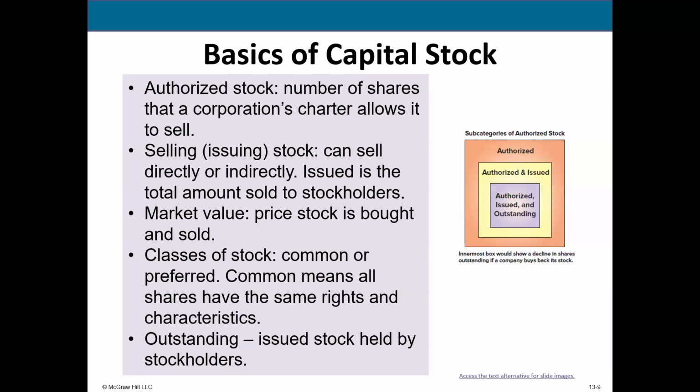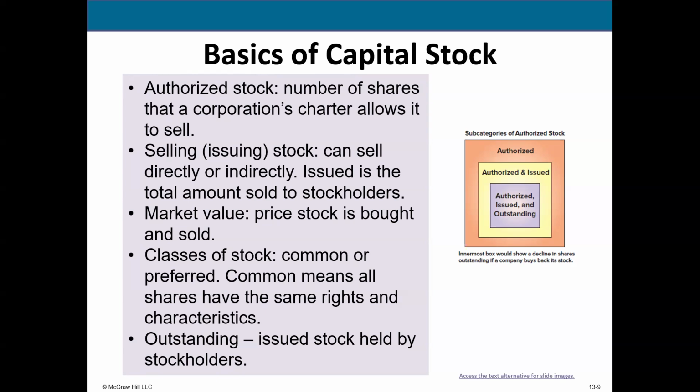The company issues shares of stock. We call this stock issuance. When a company is able to sell shares of stock, they issue those shares of stock, meaning that they can be bought directly by individuals.